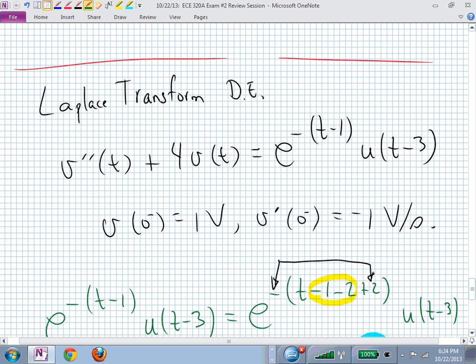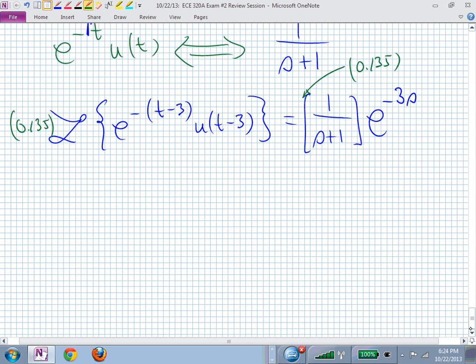Pictorially, what are we doing? If you wanted to see, this might help. If I said sketch e to the minus t, you would start at 1. You would sketch it better than me, obviously, but this is now e to the minus t. But what are we doing? We're really only turning that on at 3.